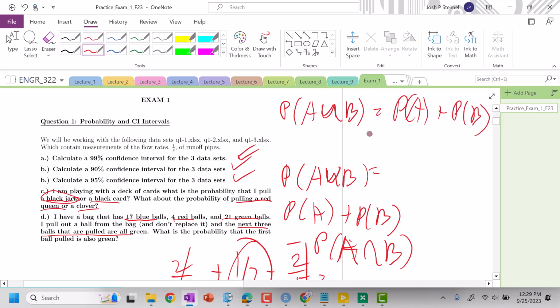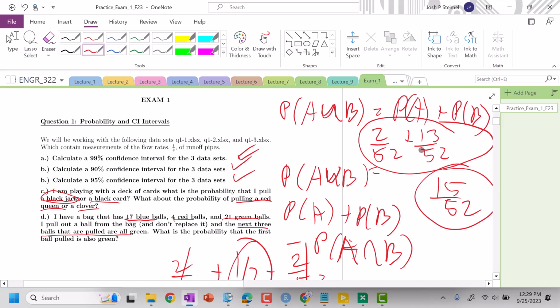There are only 2 red queens, so 2 over 52, plus clover, 13 out of 52, a fourth. So that'd be your answer: 15 over 52.